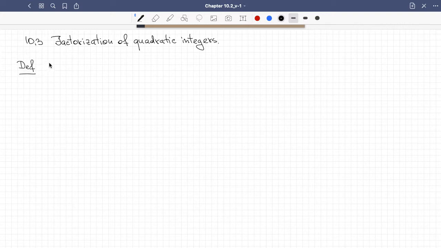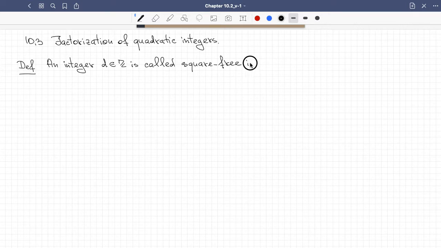An integer d is called square free if c squared divides d, c another integer, implies c is plus or minus 1.